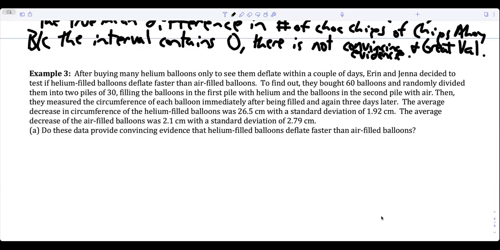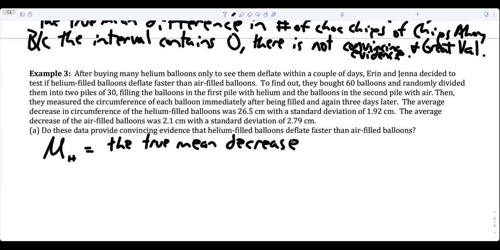Okay, so we're gonna do a 2-sample significance test for means, t-test. So let's define our parameters. I'm gonna let mu sub h be the true mean decrease in circumference of helium-filled balloons after 3 days.